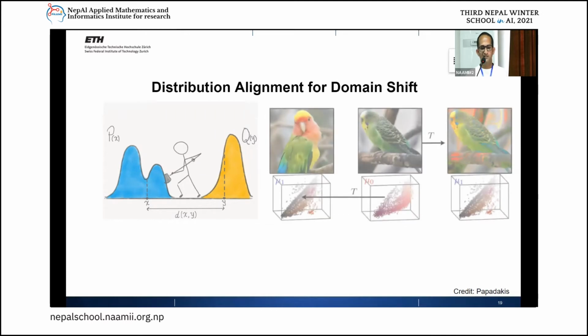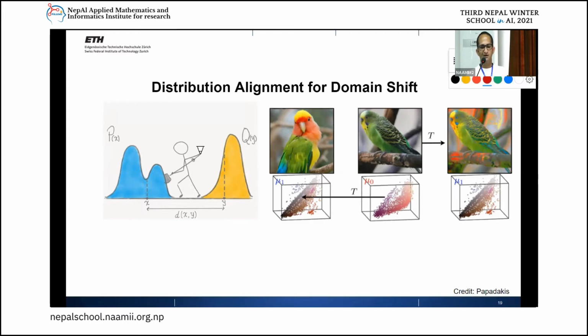Here we take one simple example. On the left, it's a very colorful parrot. In the middle is not so colorful. And I just want a more colorful parrot, right? So what I can do is take all the pixels.